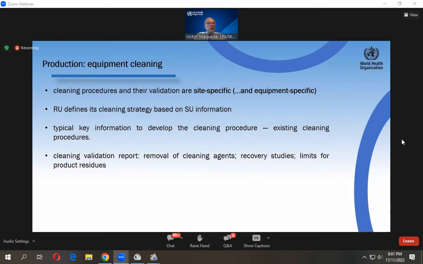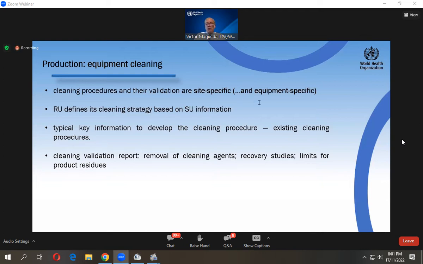However, the sending unit's information regarding the experience in the cleaning procedures of the process to be transferred is very important, so it is necessary to consider it. However, the cleaning procedure will finally be set very specifically in terms of the receiving unit equipment, and of course any change in the process that could affect the residues included in the cleaning validation.